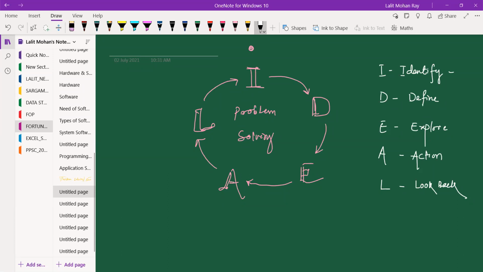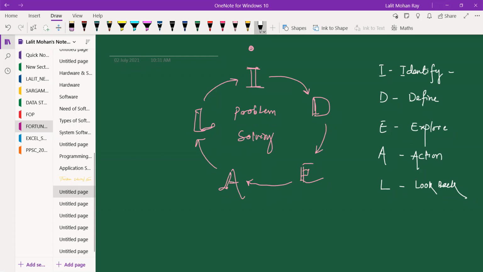So we have to find the cost of 10 bangles, right? So you have defined the actual problem. Identify the problem, then you define. And these are the given information.